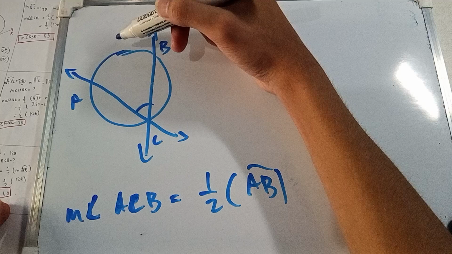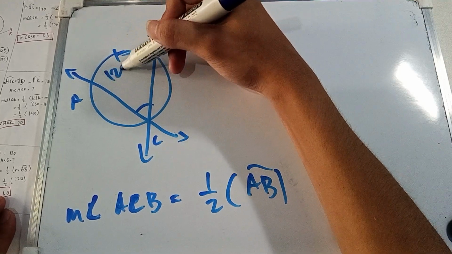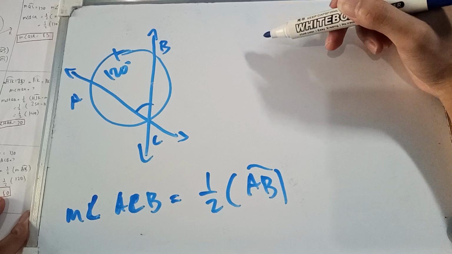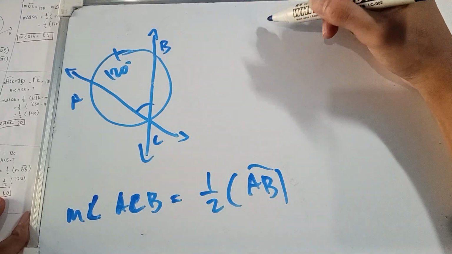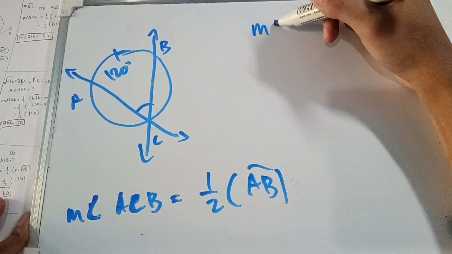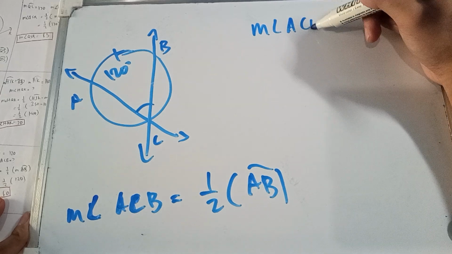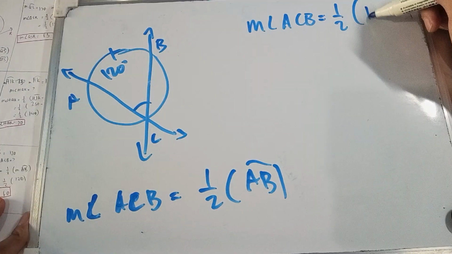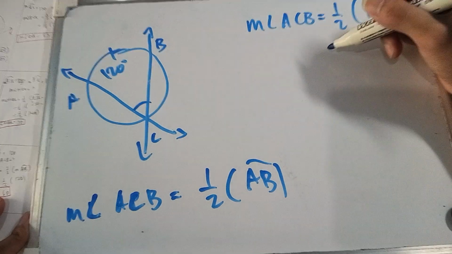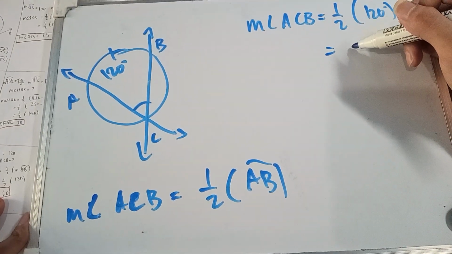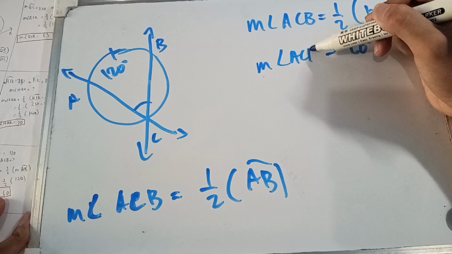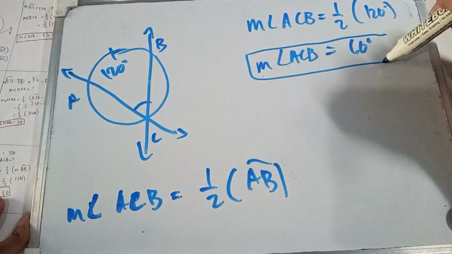Now let's say the arc AB is 120, and if we substitute it to our formula, the measure of angle ACB is equal to 1/2 of arc AB, which is 120. We will get a value of 60 degrees. So that is our answer.